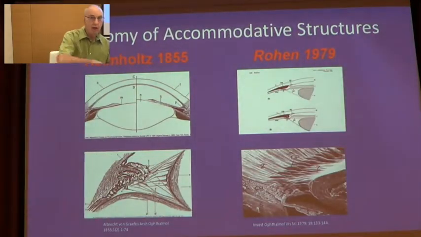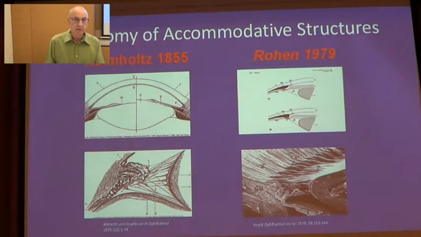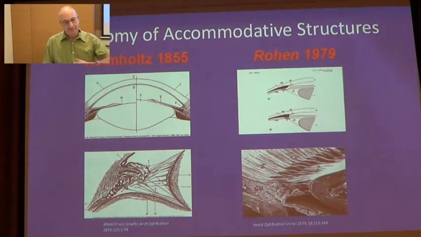Our understanding of the accommodative structures has shaped the theories of accommodation. Helmholtz drawings, which were based on light microscopy, are nearly correct, at least as far back as the posterior lens surface, and then he was not correct.